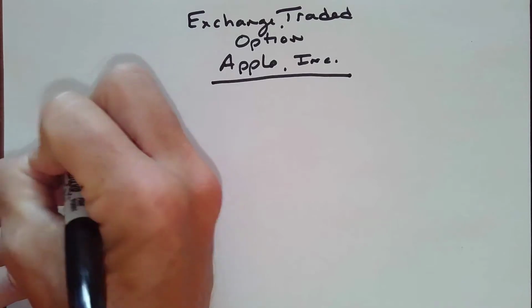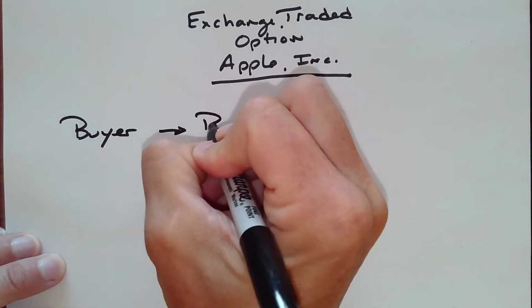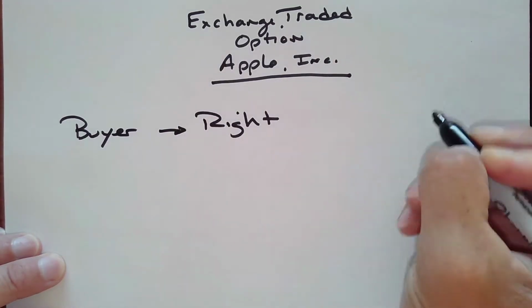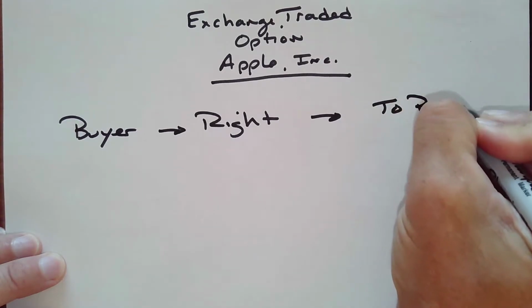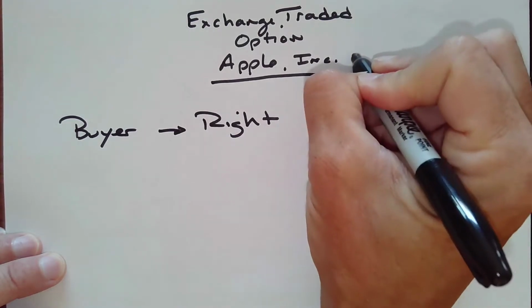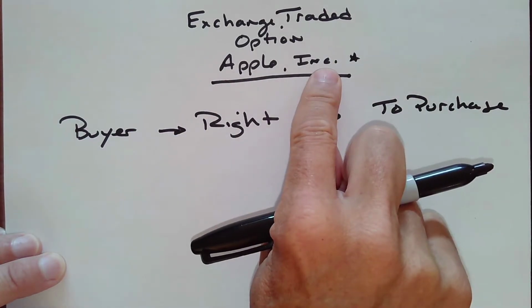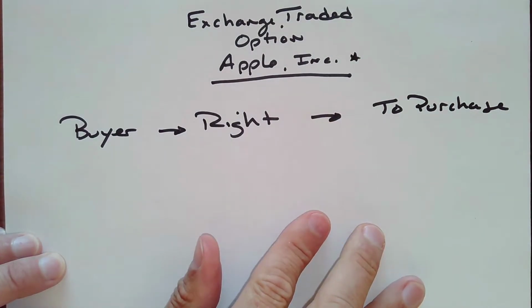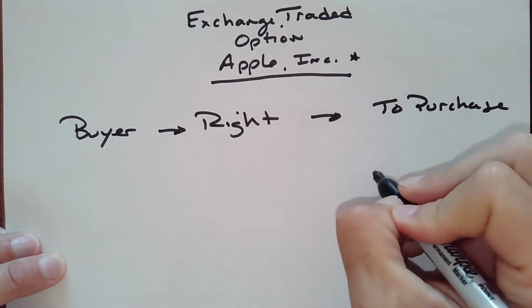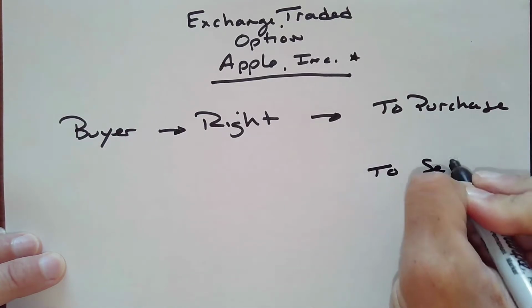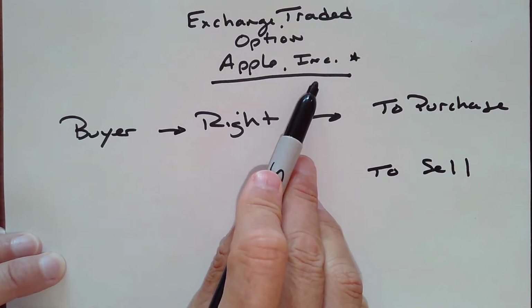Well, the buyer receives the right to purchase the asset, in this case, Apple Incorporated, and specifically Apple Incorporated stock, or they can buy an option to get the right to sell Apple Incorporated, shares of Apple Incorporated.